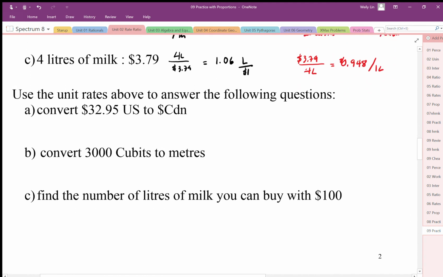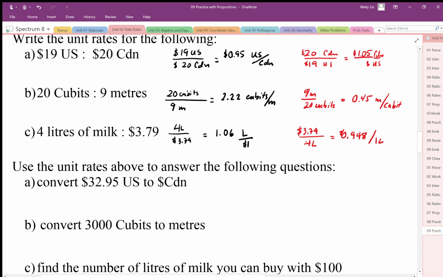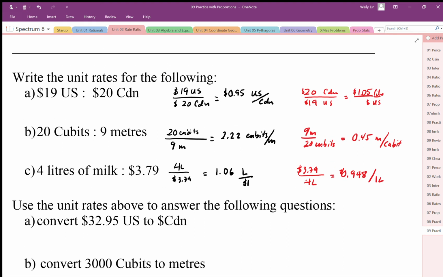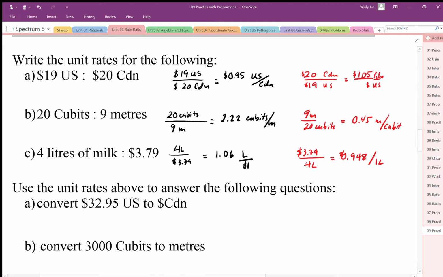So using these rates above, we're going to do these conversions. Okay, and we're going to start using this time strategy a little bit more. And we can use any of these rates to do this. So I'm going to start with $32.95. And I'm going to use the $19 to $20 ratio.